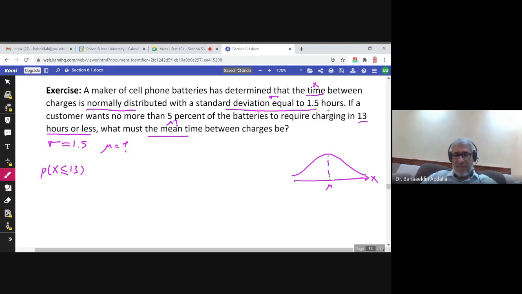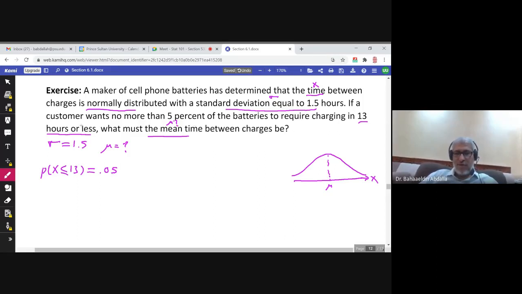So x is the time between charges, and it should be 13 or less when a customer wants no more than 5% to require charging in 13 hours or less. So the probability of x less than or equal to 13 is not more than 5%. So the largest probability is 0.05. The probability that x is less than or equal to 13 shouldn't exceed 0.05.